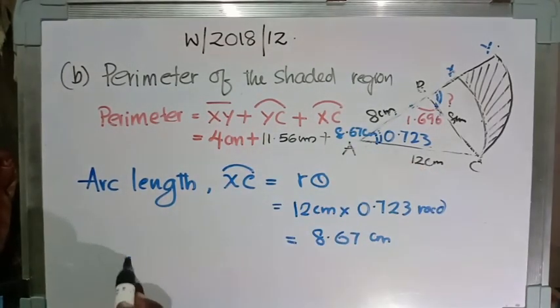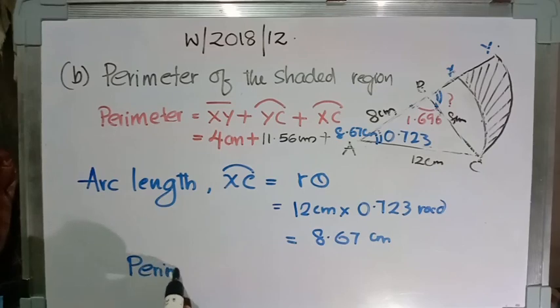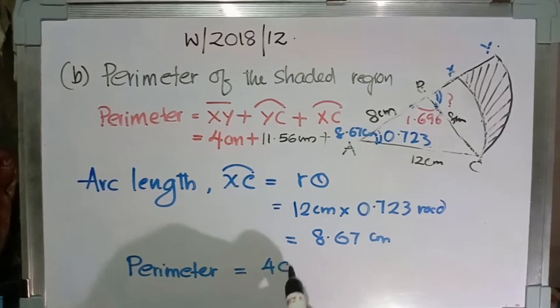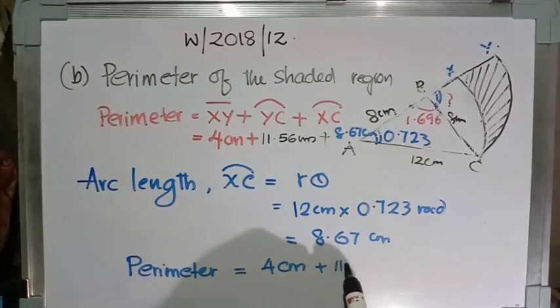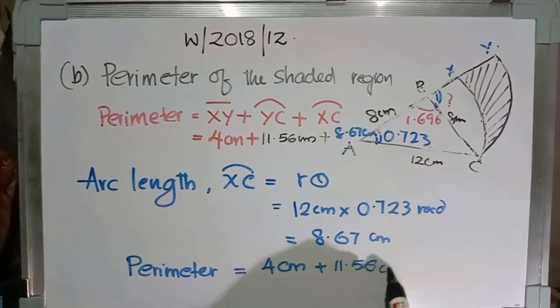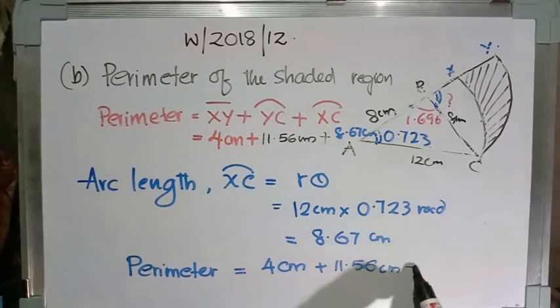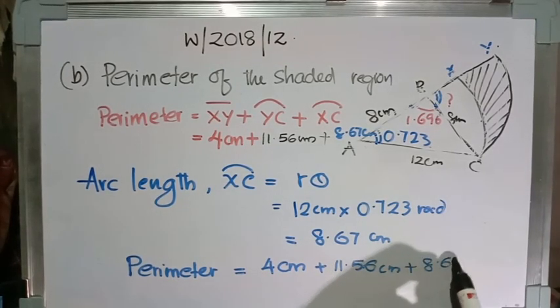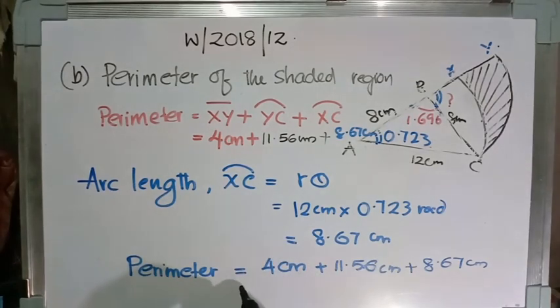So we get the perimeter of the shaded region as 4 centimeter plus 11.56 centimeter plus 8.67 centimeter, which is equal to 24.23 centimeter as the answer.